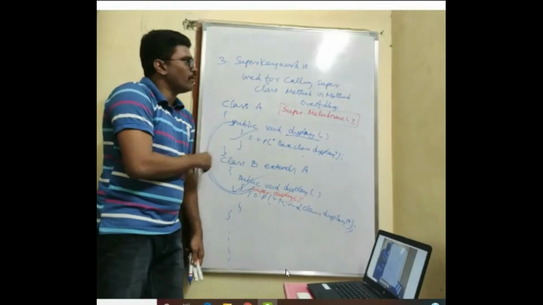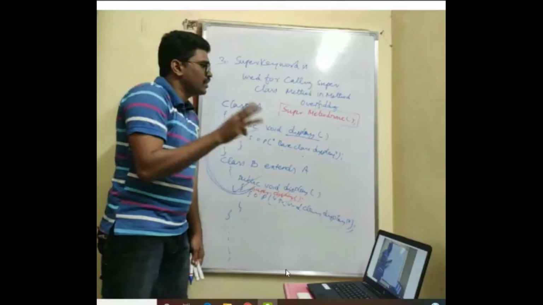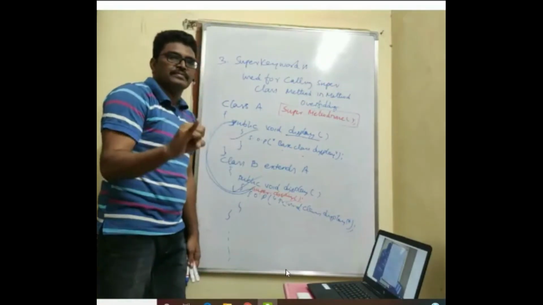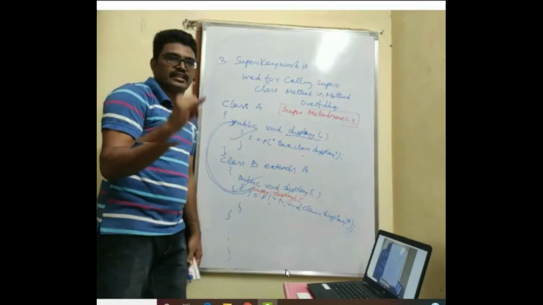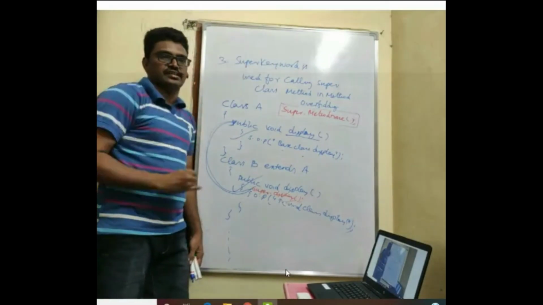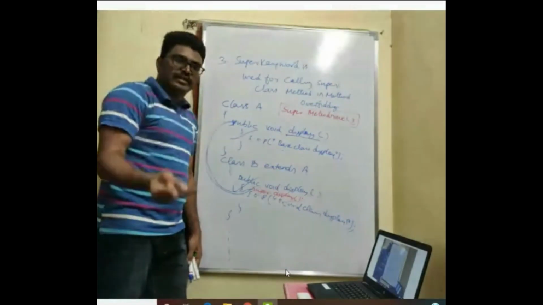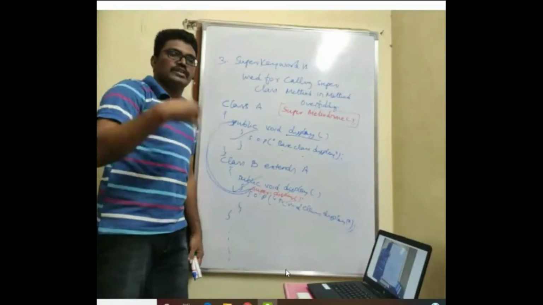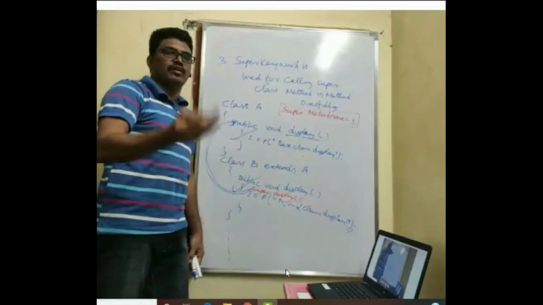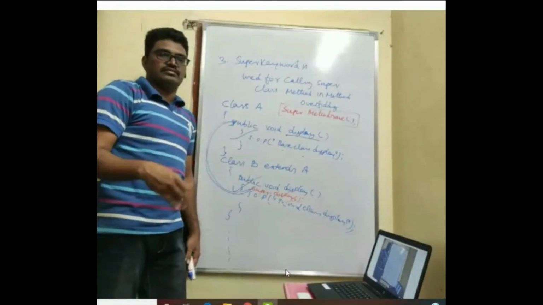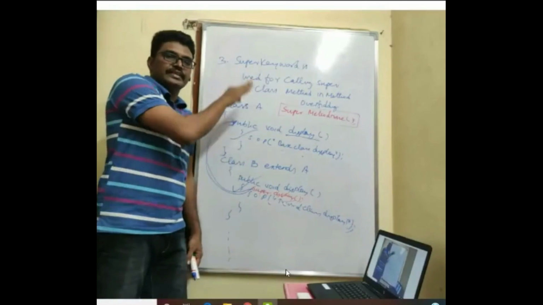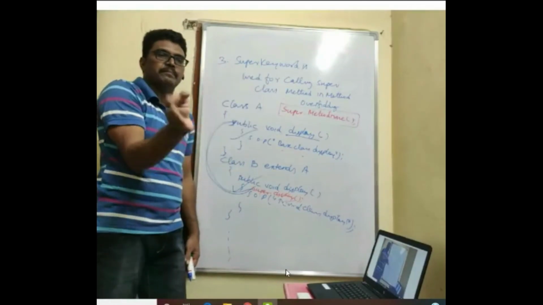So this is about super keyword. There are three usages of super keyword. The first one is to refer to the parent class constructor, the immediate parent class constructor. The second one is when the variable names of the base class and derived class are the same, you want to refer to the parent class data member, then you have to use super keyword. Similarly, the third case is when the methods are overridden, that is base class method name and derived class method name are both the same.